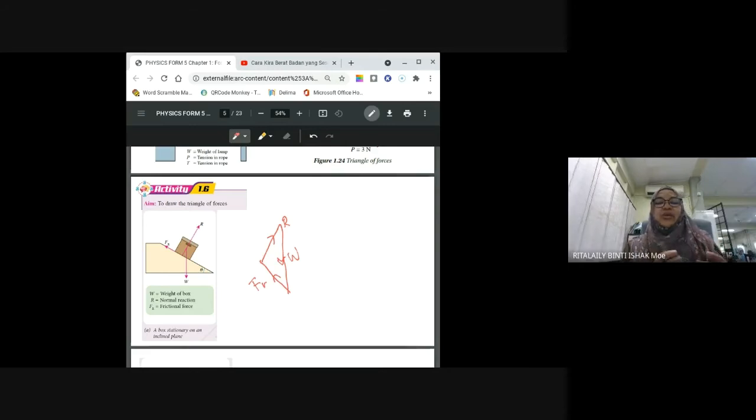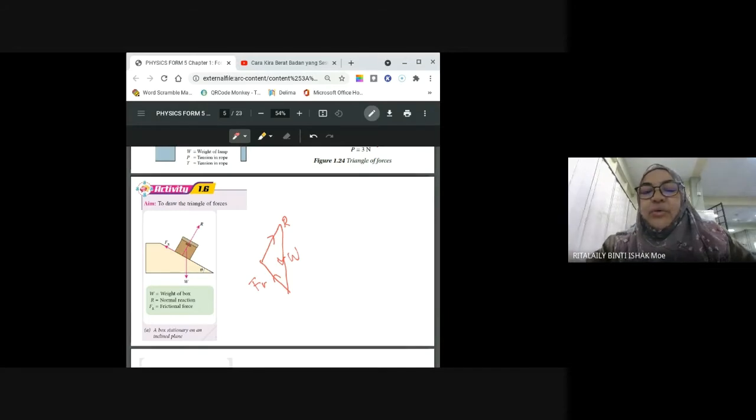What is the difference between the triangle force for resultant and the triangle force for force in equilibrium? Okay, kalau force in equilibrium, bila awak draw the triangle, the arrow is in circular motion lah, macam nampak dia pusing. Dia tak ada final destination. Okay, but if the system is in a resultant force, dia akan direction of force tu dia akan follow.